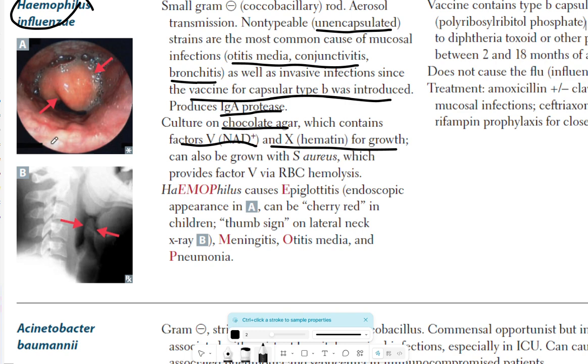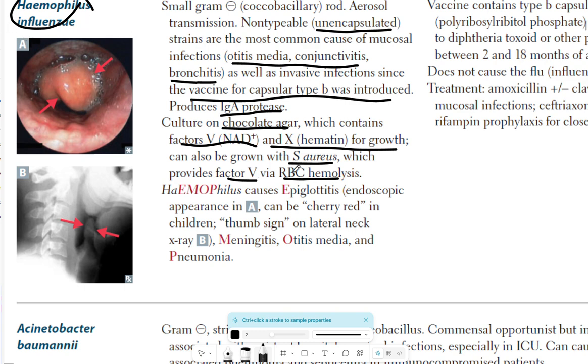influenzae can grow. Another important exam question that is most commonly asked is Staph aureus also causes hemolysis, right? And releases the factor 5. So Haemophilus influenzae usually grows near the Staph aureus, right? Because this Staph aureus also basically causes hemolysis. Since Staph aureus causes RBC hemolysis, it releases this factor 5, which the Haemophilus influenzae needs.